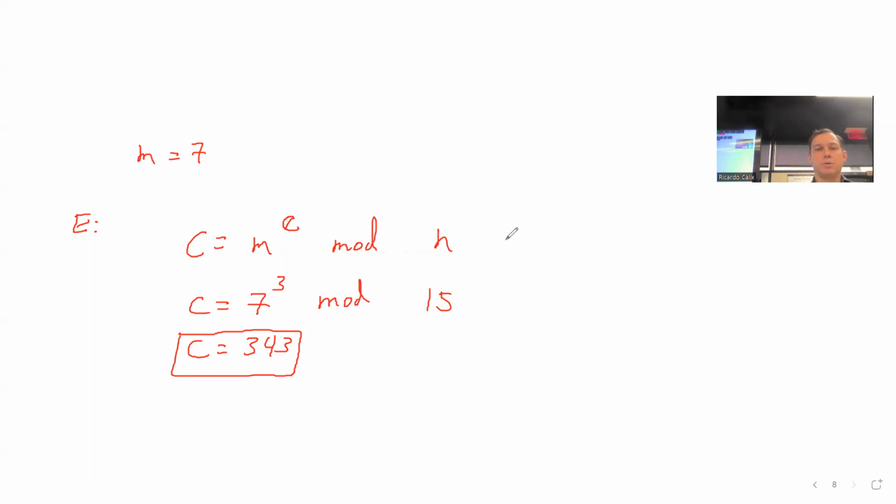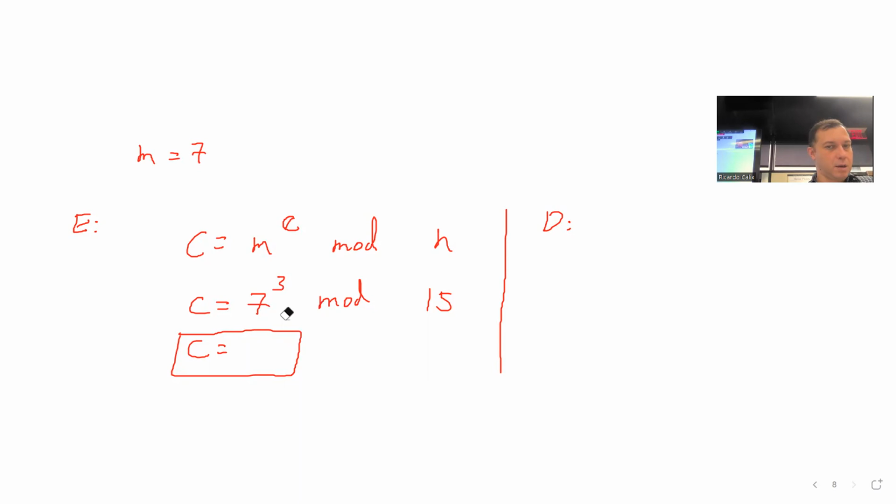Now, the decryption part would be, as you saw in the equation, wait. The cipher should actually not be 343. I read that wrong. Sorry about that. So it's 7 to the 3. Yeah, so actually 7 to the 3 is 343.